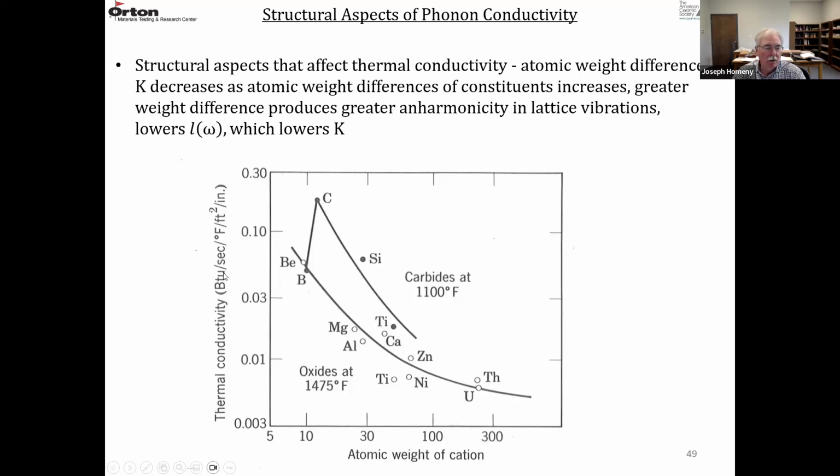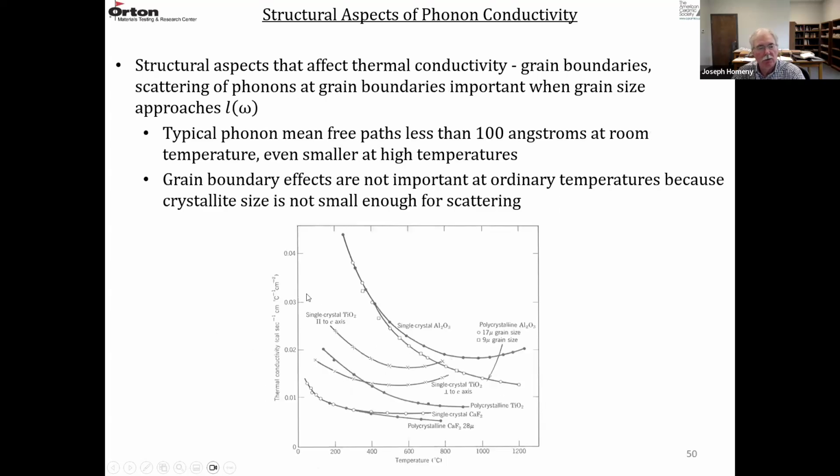And the conductivity is here in the BTU units. But as the atomic weight increases of the cation, the conductivity decreases. Beryllium oxide is very high conductivity material. And then still MgO and alumina are still pretty high conductivity refractories.